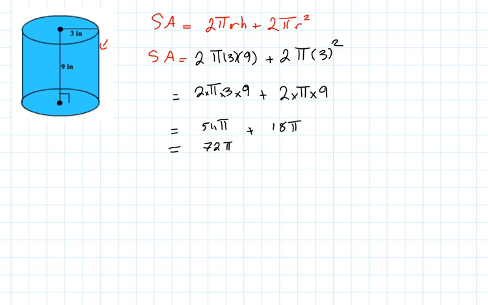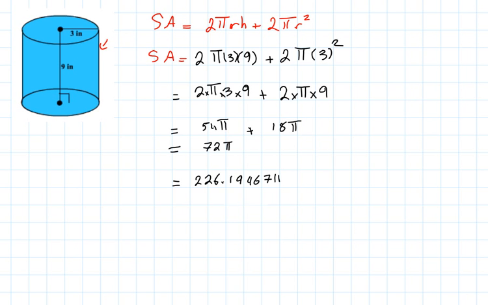So 72 times pi, I'm going to use just 2 decimal places here. My calculator tells me it is 226.1946.